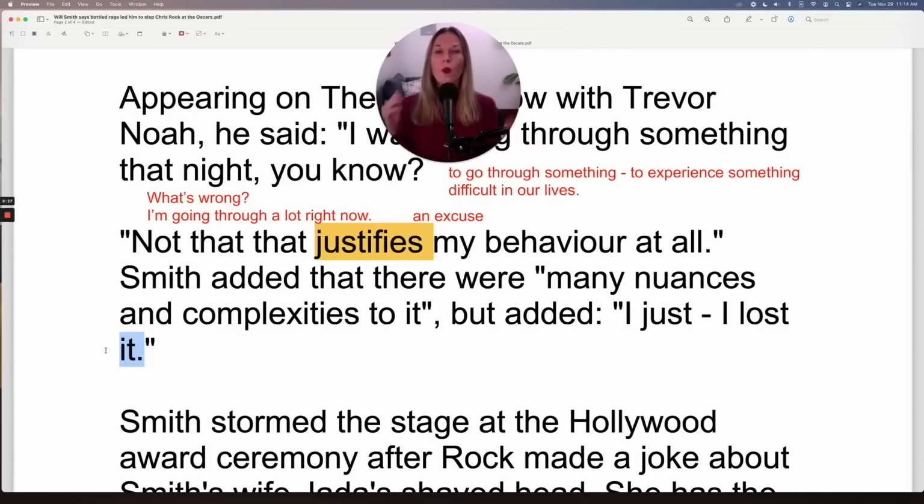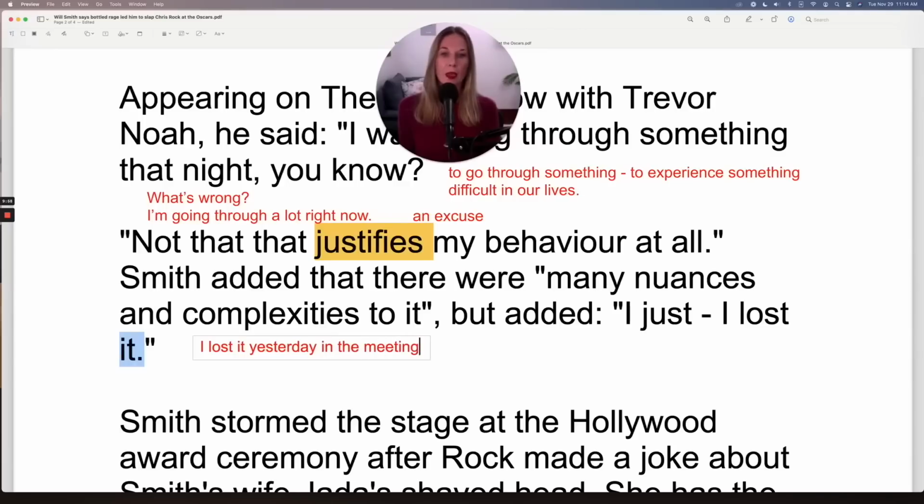No. When we use this in a general sense, I lost it, and I know what the context of the story is. He slapped someone. I know that it means his sense of control over himself, his emotions, his actions.